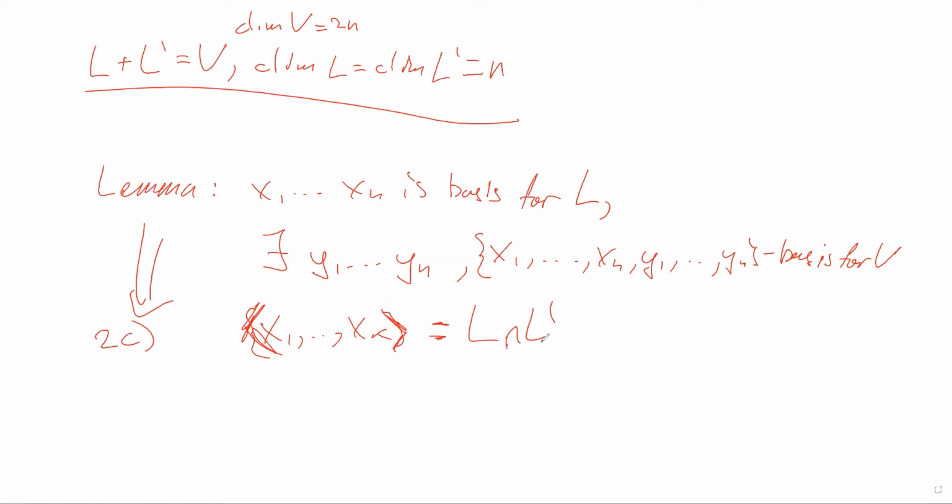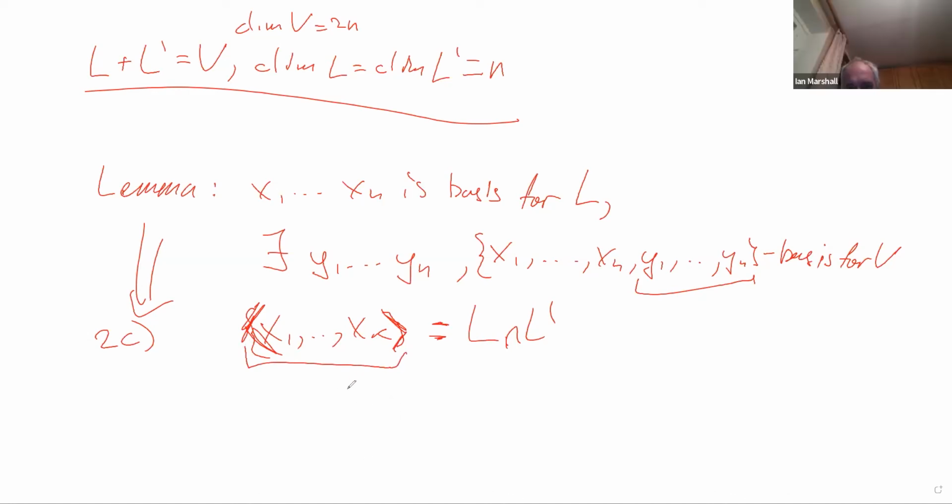So what is the rest to prove? I need to rearrange some things here. What do I know now? I know that I can continue this to a basis in the whole space. I continue this to a basis in L, so there exists a basis in L such that this thing is the intersection.